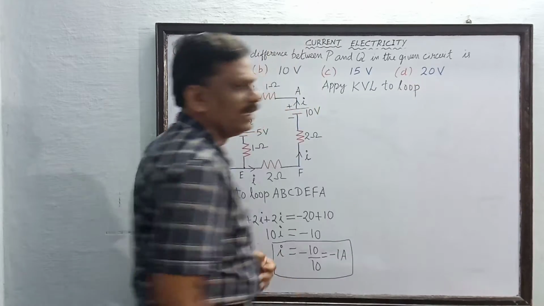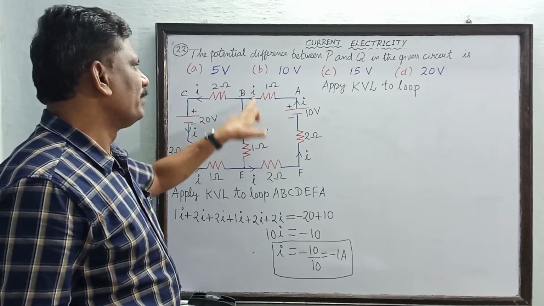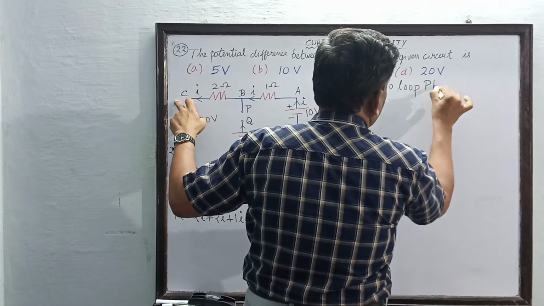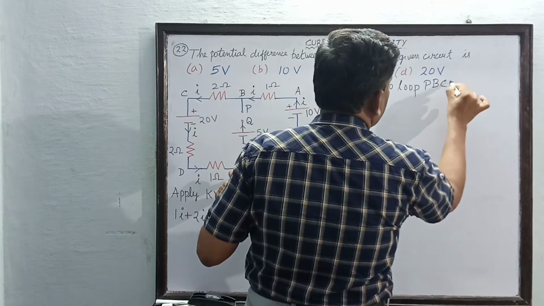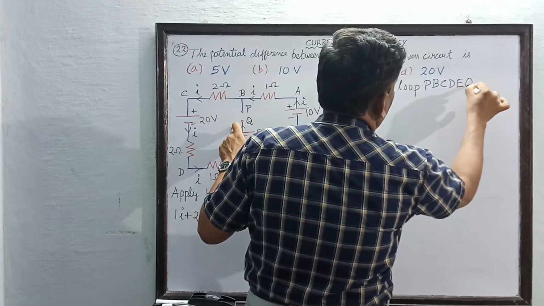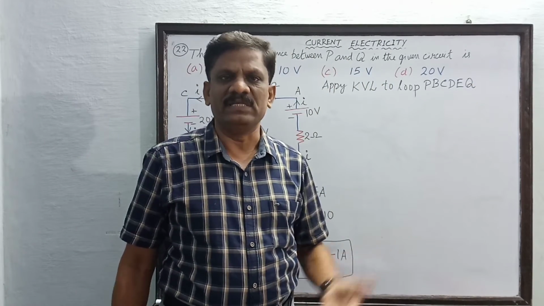It is actually an incomplete loop only. So we start from the point P, then go through the points B, C, D, E. After E, I will go up to Q. I cannot come back to P because it is incomplete.